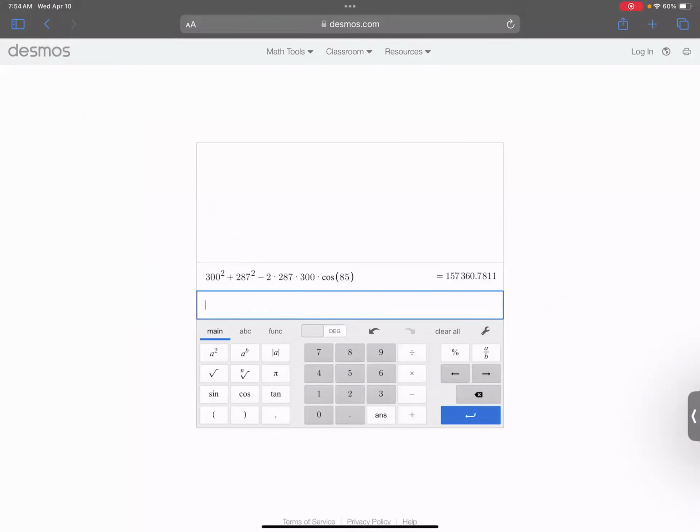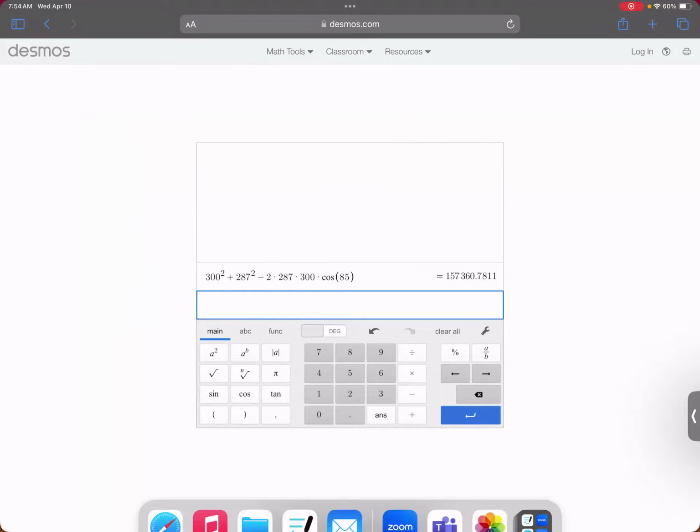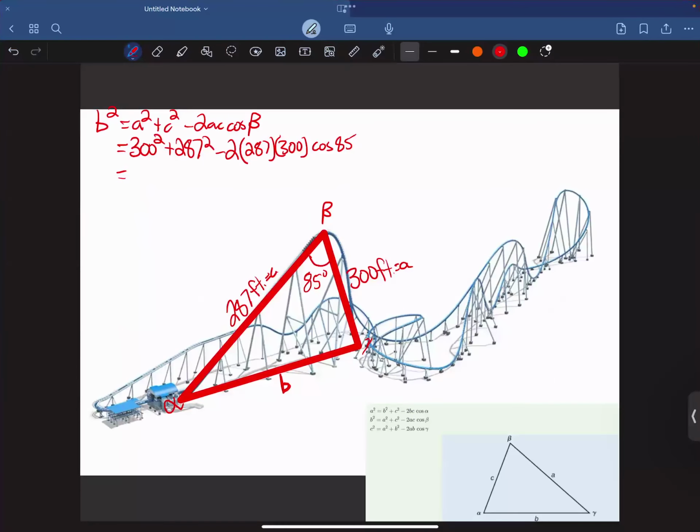What we arrive at is 157,360.78. We're going to go ahead and round that to approximately 157,361. That's b squared. What we're asked to find, though, is b.